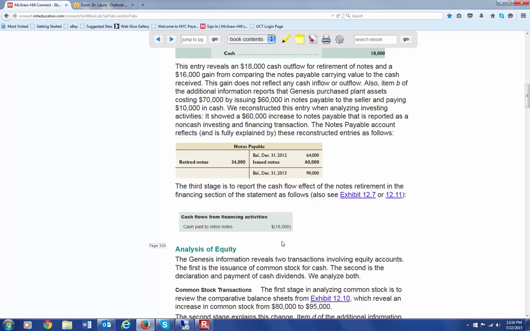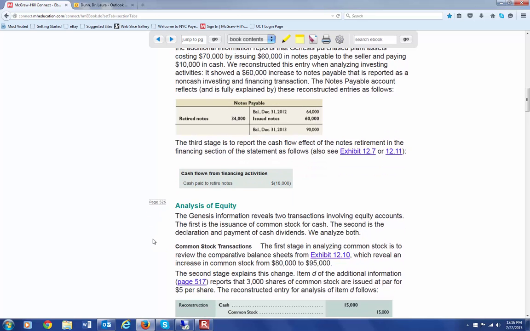The only thing we have to deal with in terms of cash is that we had to pay out $18,000 to retire that note payable. So that would be our cash flow from financing activity, and in this case it's a cash outflow.